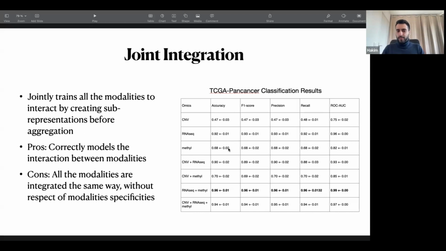So for proper integration of those types of omics data, we wanted a strategy that is halfway between the late integration that respects the specificities of each modality and the joint integration that correctly models the interaction between the sources.